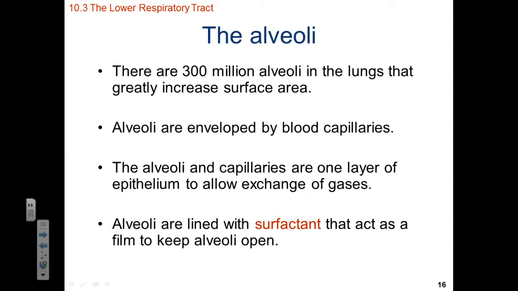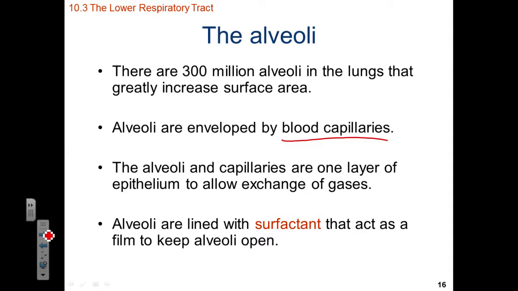So it's going to be made of one layer of very thin cells. And we want that one layer of very thin cells to make up our alveoli because we want to maximize the rate of gas exchange across our alveoli. We'll have lots of blood capillaries encircling those alveoli so that we can have the exchange between blood gases and the gases within the air that fill up the alveoli.